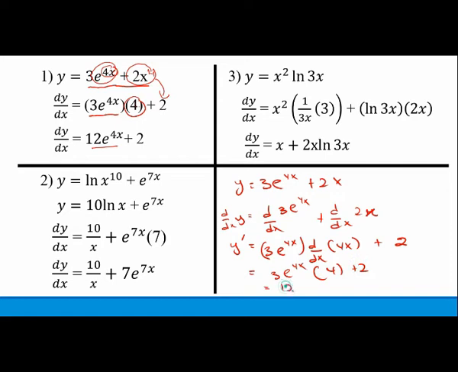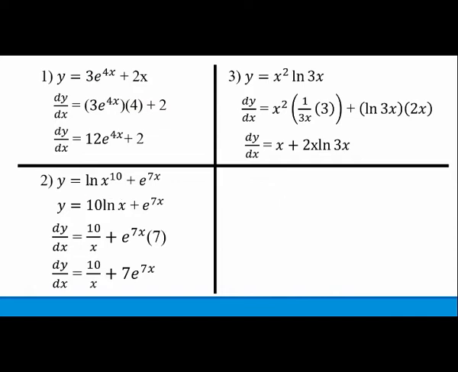At the end, it becomes 12e^(4x) plus 2. You copy, take only the power and differentiate it, you get 4, and then it becomes 12e to the power of 4x.